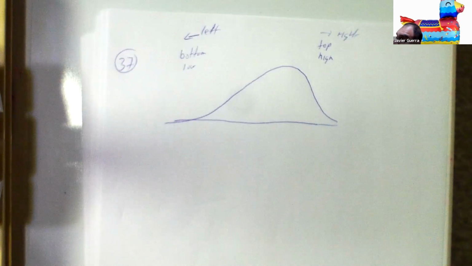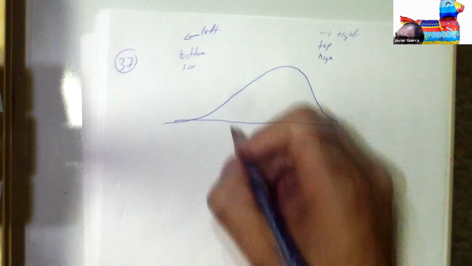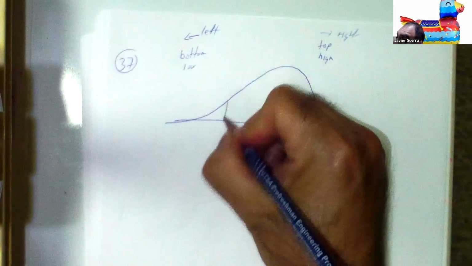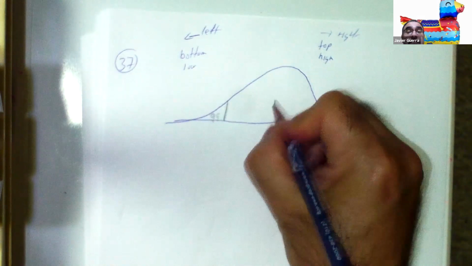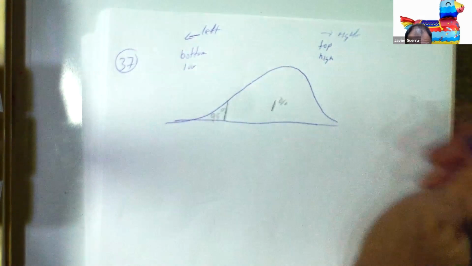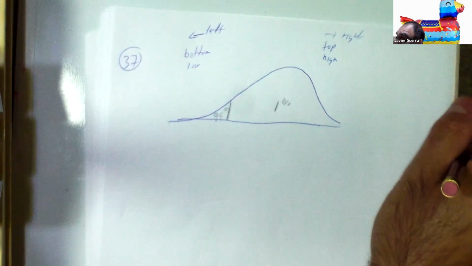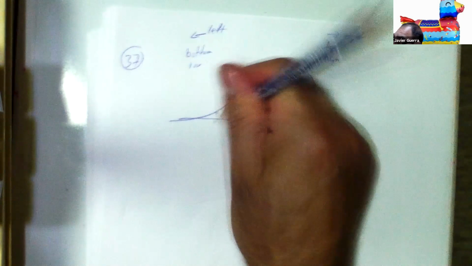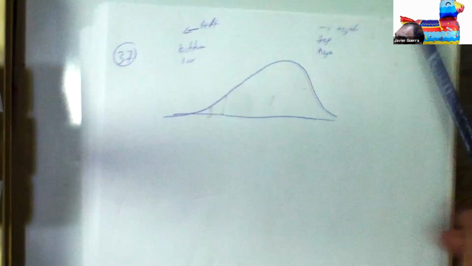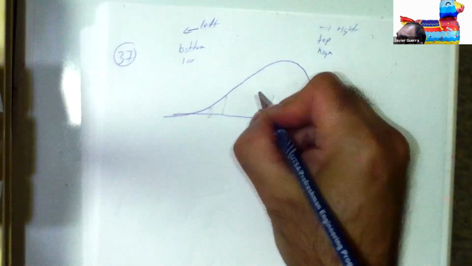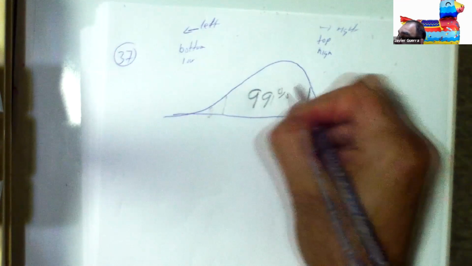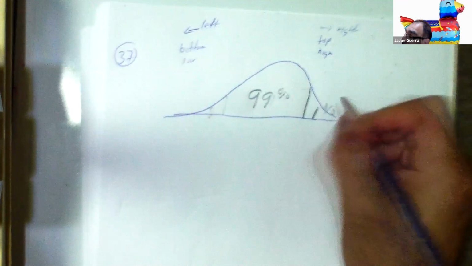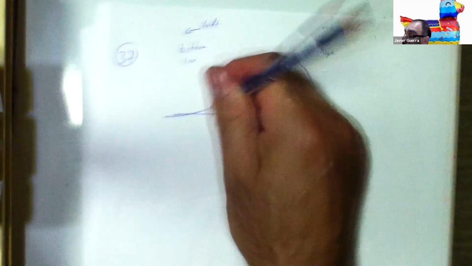Does it make sense to put it here and put 99 and 1%? Does that make sense doing it like that? Or would it be better to put it like this? This is 99 and this is 1%. Which one makes better sense? That one or the one that I had before?